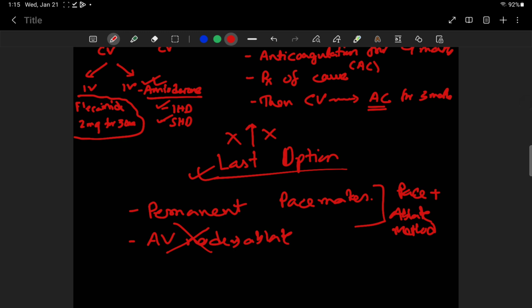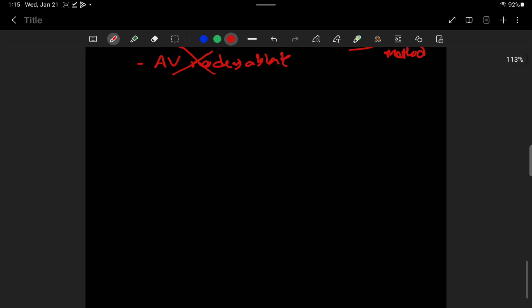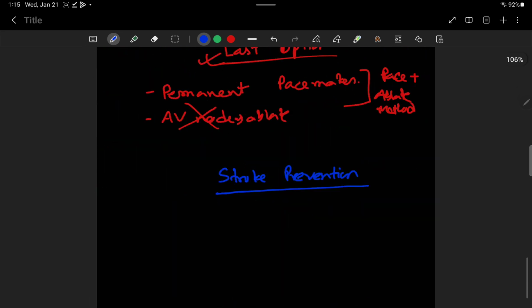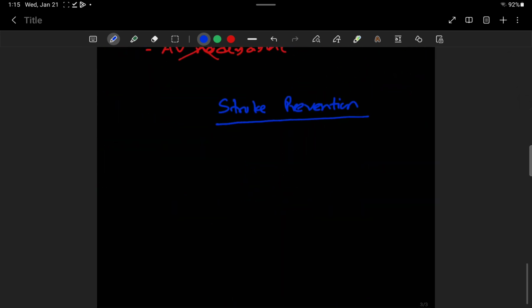Now we will give more importance to another side of this treatment, that is stroke prevention. Already we have mentioned using anticoagulant drugs in paroxysmal AF. So what about persistent AF? In persistent AF, if it is more than, as I mentioned, 48 hours, then you must give anticoagulation.